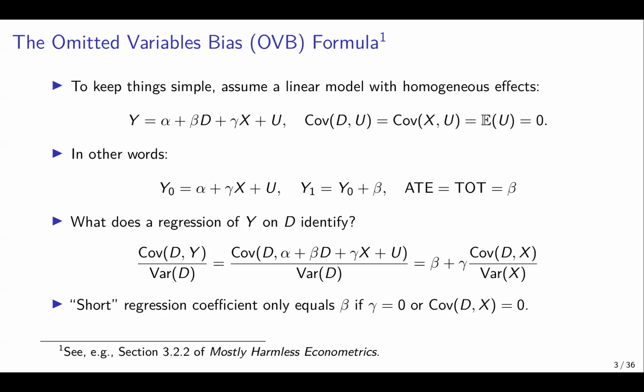So that's going to leave us with beta plus gamma times the covariance of D and X divided by the variance of X.